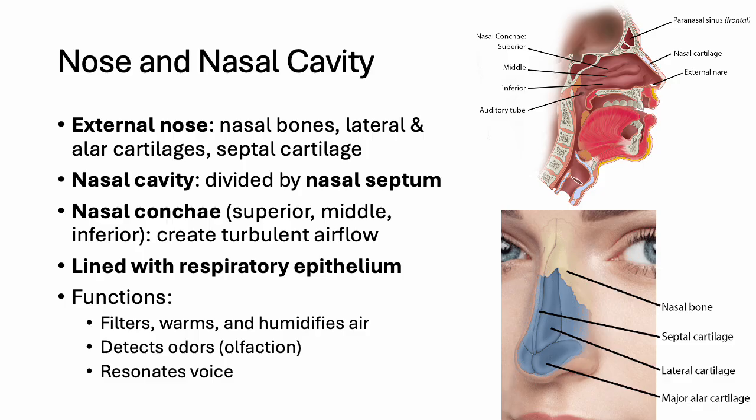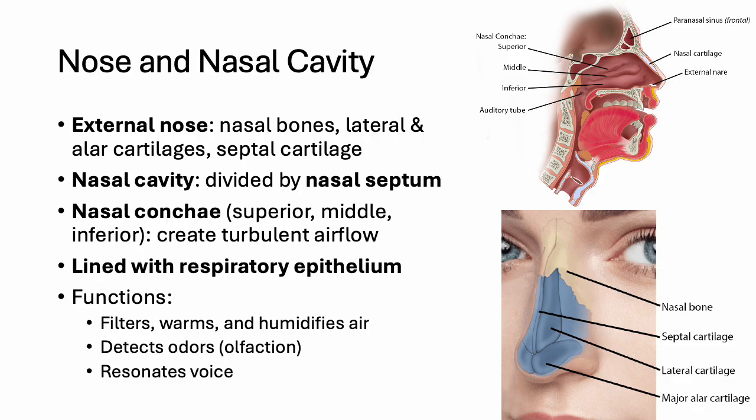The entire nasal cavity is lined with respiratory epithelium, a ciliated pseudostratified columnar epithelium with goblet cells that secrete mucus. Cilia move trapped debris posteriorly towards the pharynx, where it can be swallowed. The functions of the nose and nasal cavity are multifaceted. They filter out dust and pathogens, and warm and moisten incoming air to protect the lower airways.